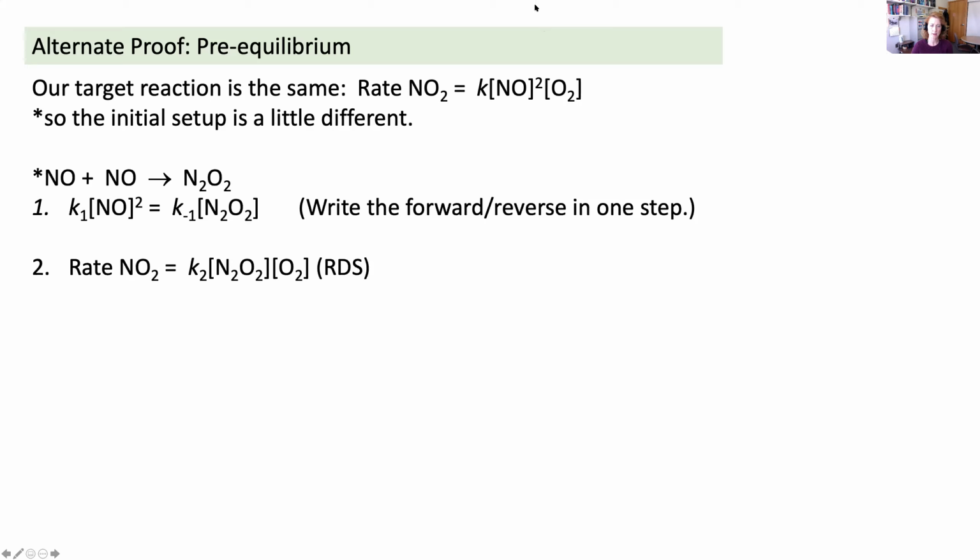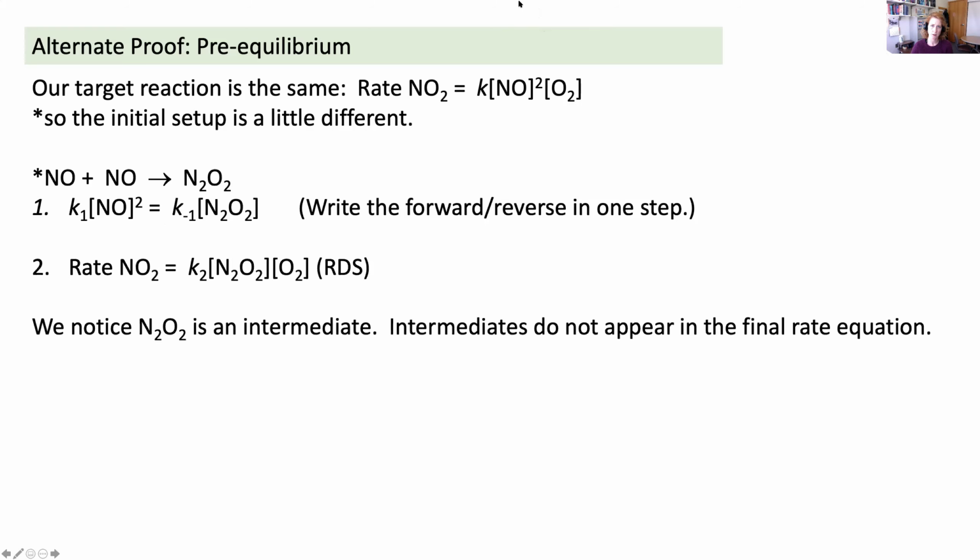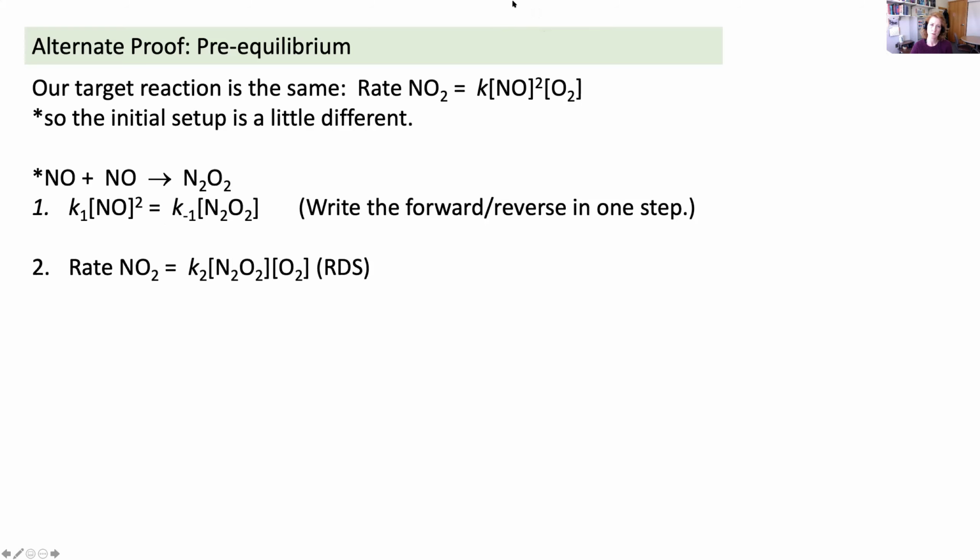So we're just going to take this and divide by k negative 1. That cancels. N2O2 equals this.